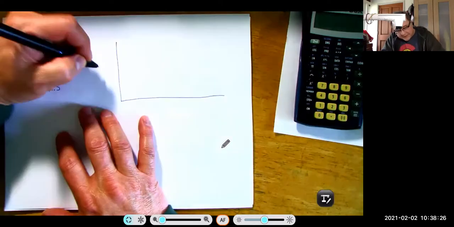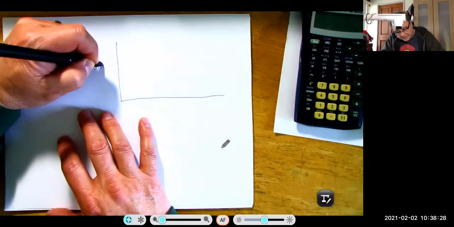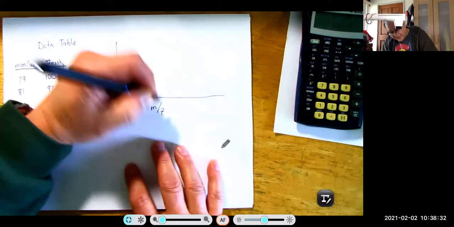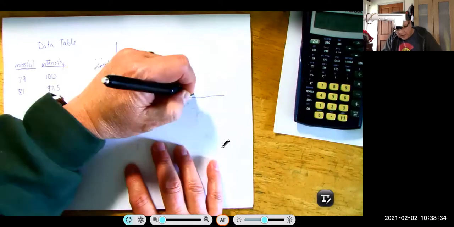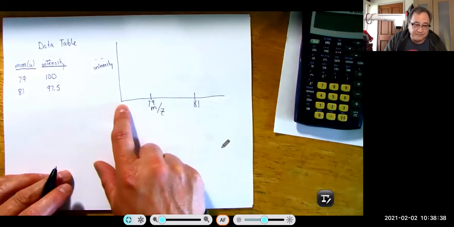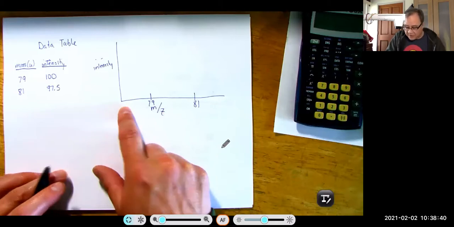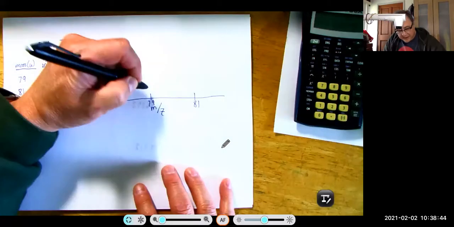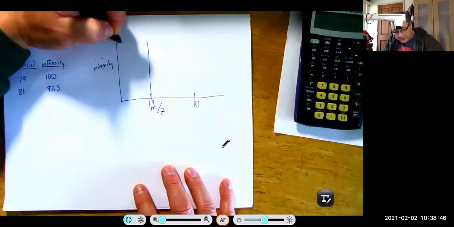Here we're going to have intensity. Here we're going to have mass to charge. We're going to have a 79 and an 81. Notice I'm not making any attempt to start at 0. I just want to make sure 79 and 81 are on there. And here, that's going to be 100.